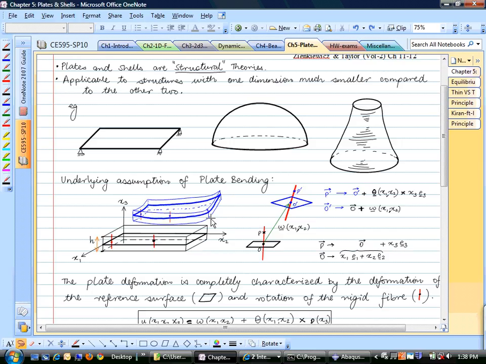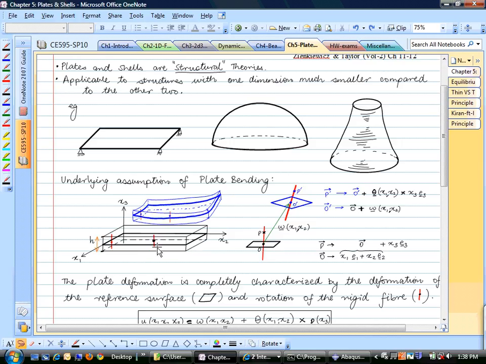So when you deform the plate, those needles are pretty much constrained at the centroidal surface, but they can rotate a little bit. They can rotate about the x1 and x2 axes. That's what I'm showing here.